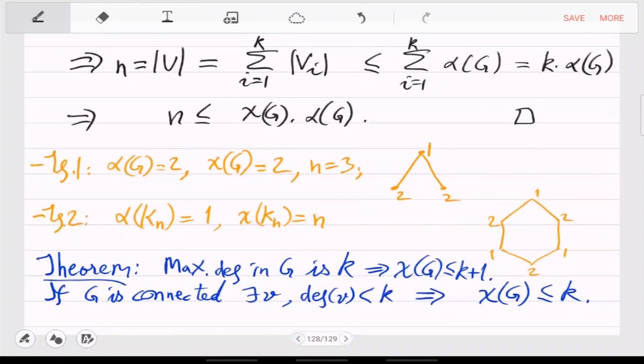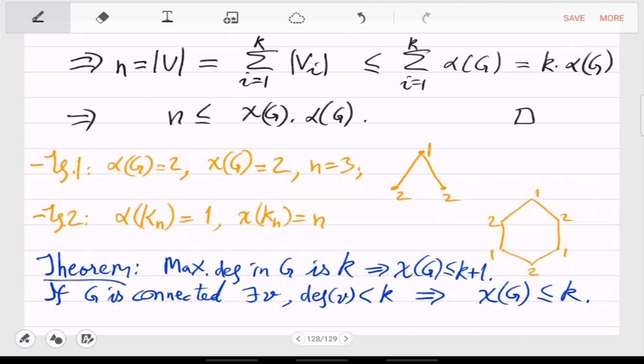Okay, so now how do we improve this by one color? We have to use that G is connected and there is a vertex with degree k minus 1. No, strictly smaller than k.